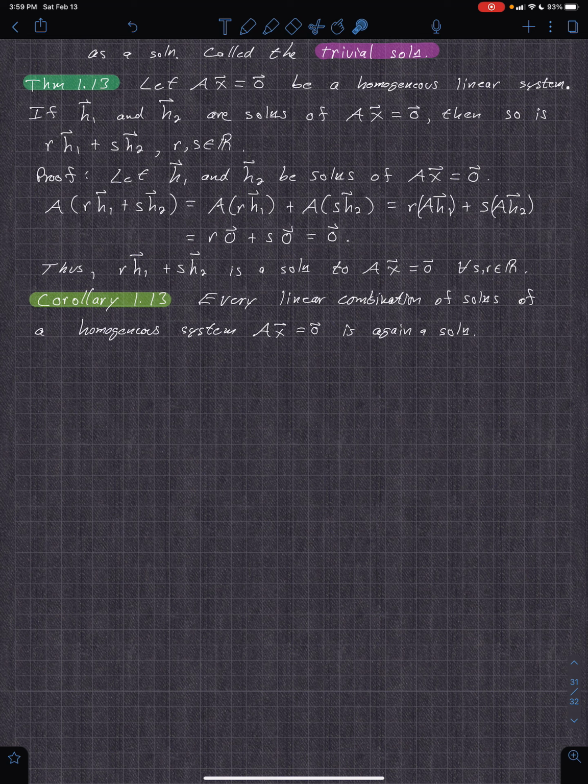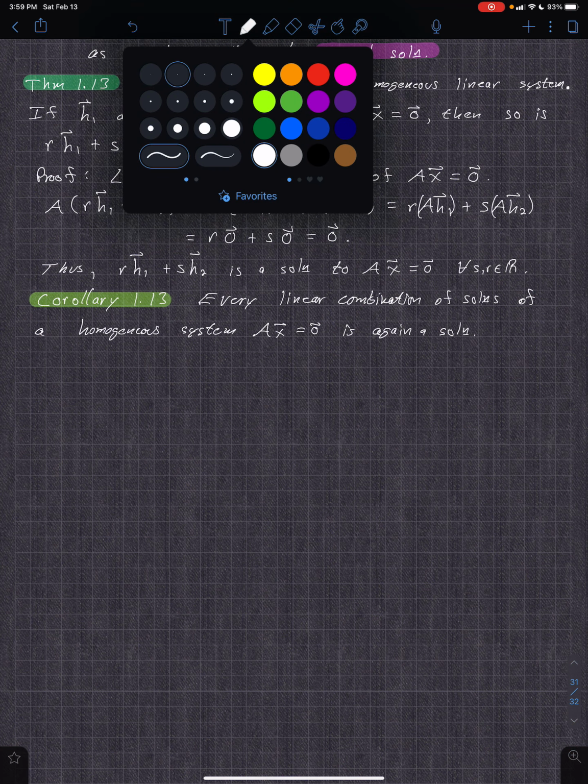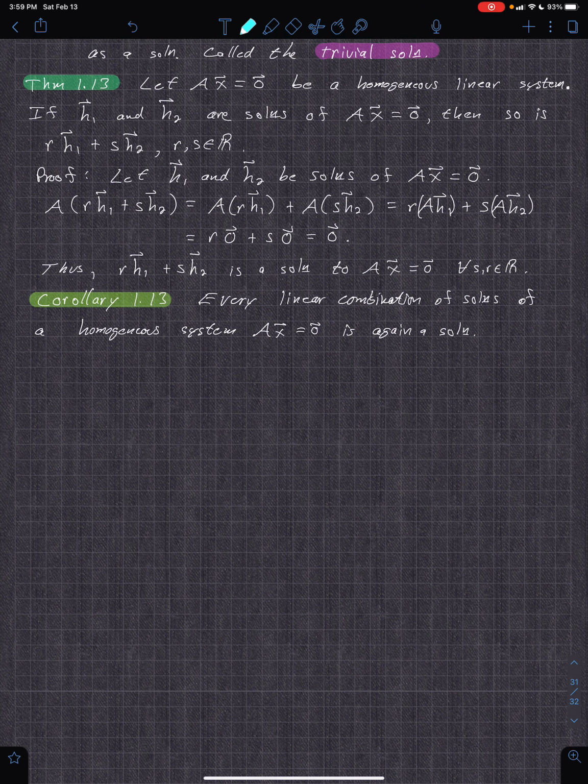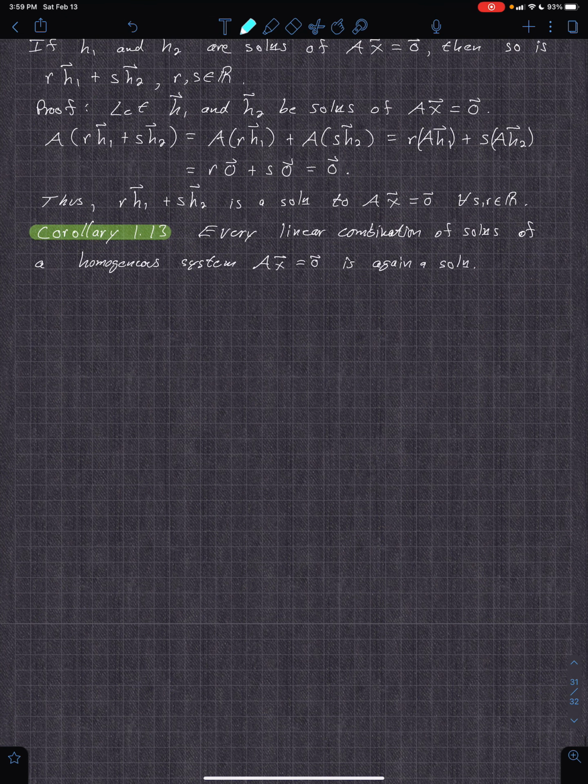All right, so next we're going to talk about the general concept of what's called closure. Okay, so this is the general concept of closure. And I'm saying it's general because there's a specific concept we'll talk about for subspaces, but first I want to talk about the general idea.